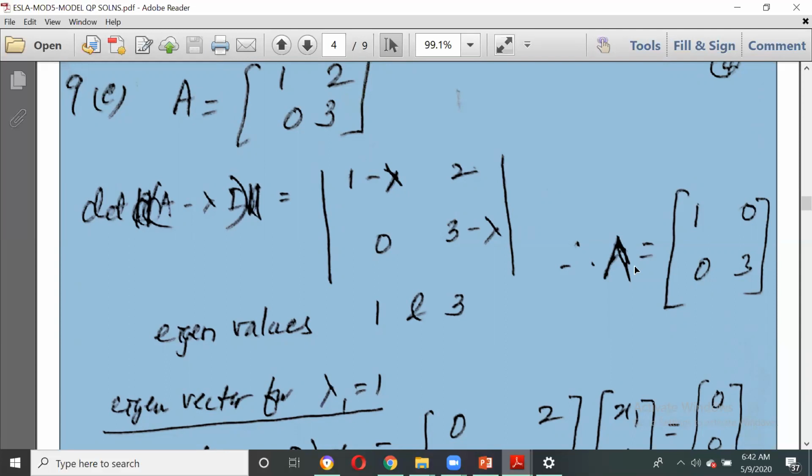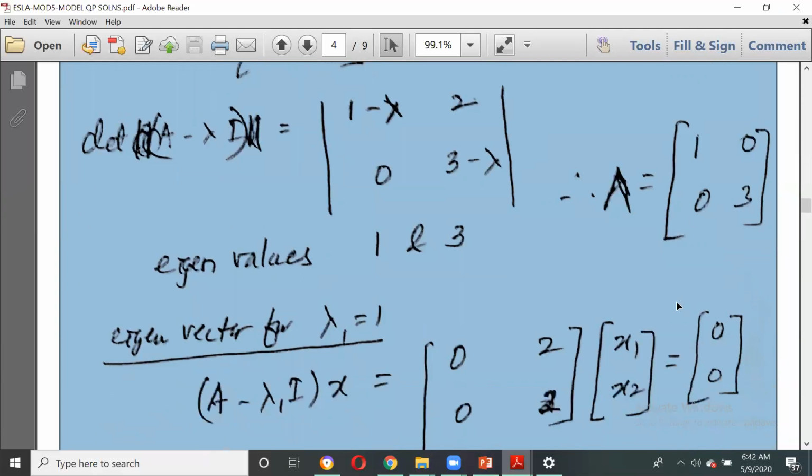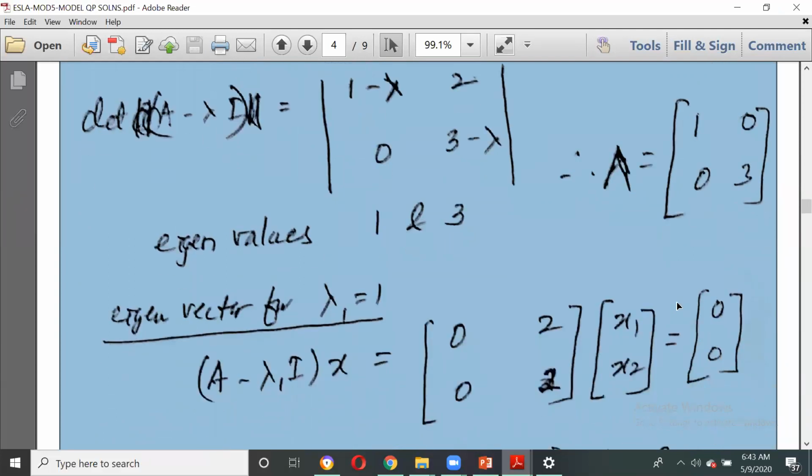So now lambda will be equal to 1, 3 in the principal diagonal and 0, 0 in the other diagonal. So that is the eigenvalue matrix. Lambda is the eigenvalue matrix. Now we need to find the eigenvector and hence the eigenvector matrix, which is X.